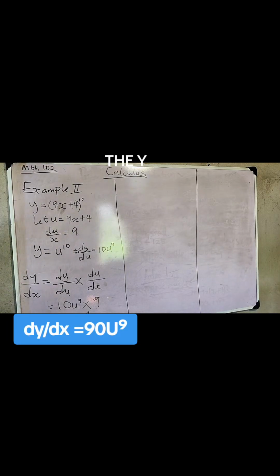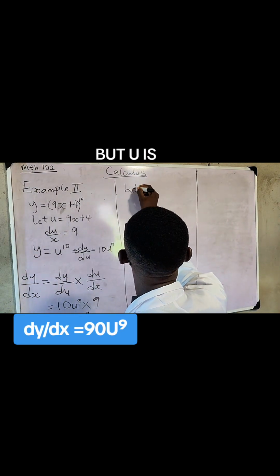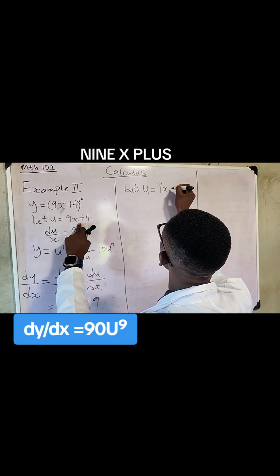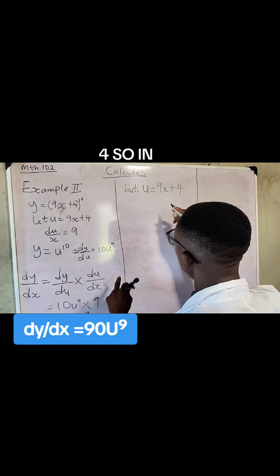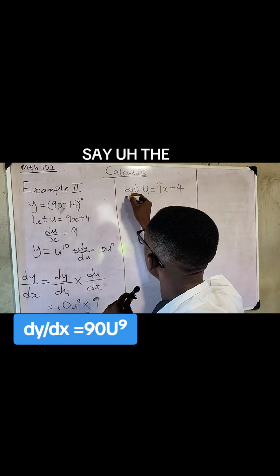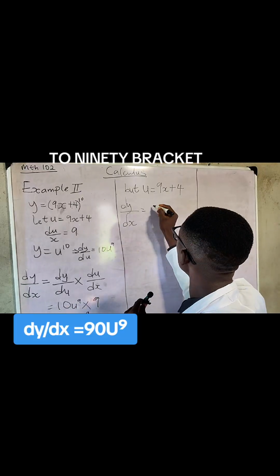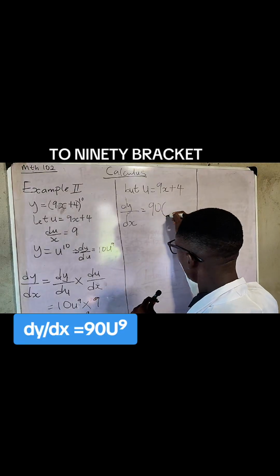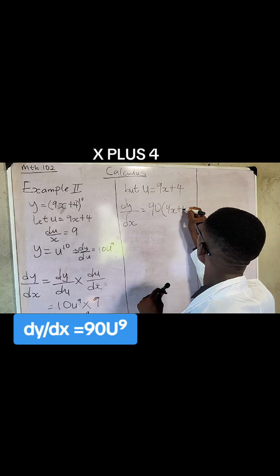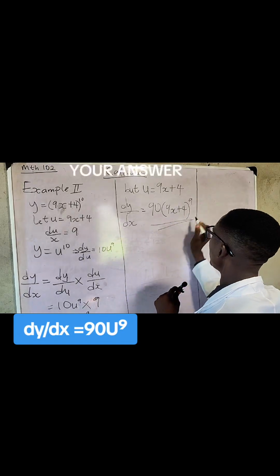But we are talking about dy dx, and u is equal to 9x plus 4. So in place of this u, let's put this. So dy dx will be equal to 90 bracket, open the bracket, we put this term there, which is 9x plus 4, you close the bracket, then you put the power, the index, and that's your answer.